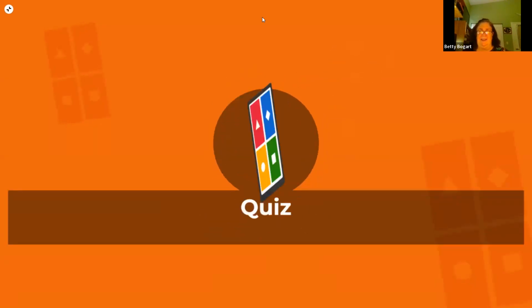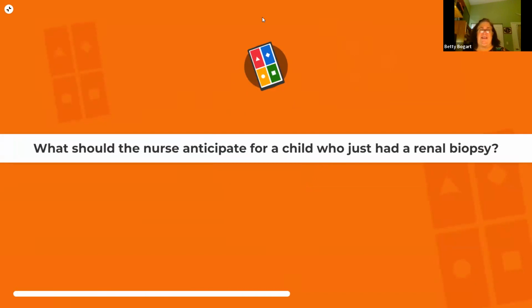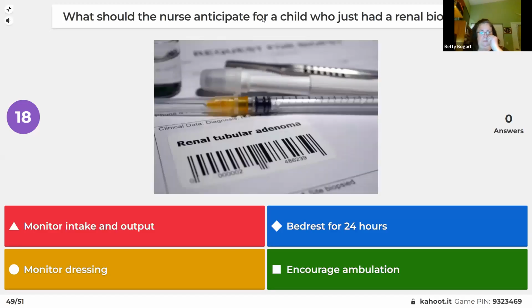A multi-select. What should the nurse anticipate for a child who just had a renal biopsy? I've had a kidney biopsy. What are you going to monitor? How do we treat them?